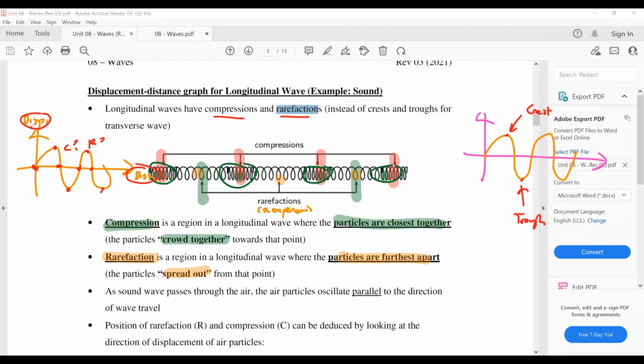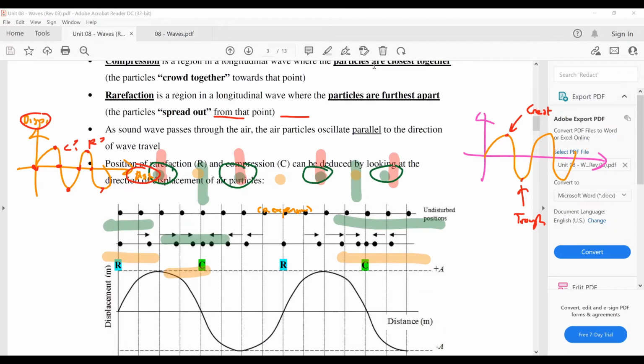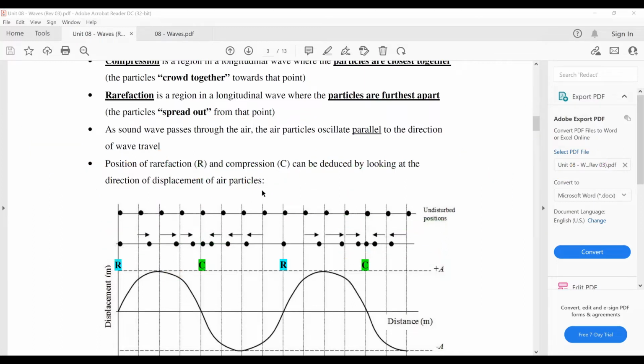To be able to deduce which point is a compression or rarefaction, you need to first understand how they produce the displacement distance graph in the first place, all right? So let's say, for example, I make use of a longitudinal sound wave as my example right now. Let me clear off the diagram.